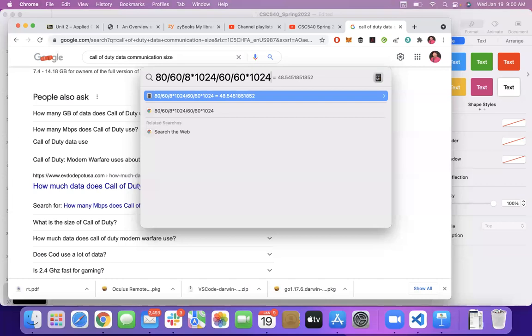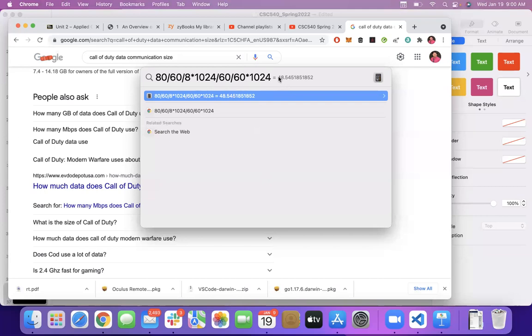Very tiny, relatively speaking, amount of data that the other game clients then need to use their computation power, like their CPU, to decide what does this mean, and then tell their graphics card to update the screen with this new information. And that's happening very, very quickly. So if we're trying to maintain 60 individual pictures every single second, that means that every 60th of a second, we need to be able to send 48.5 bytes of information.